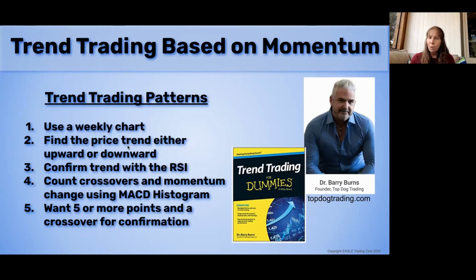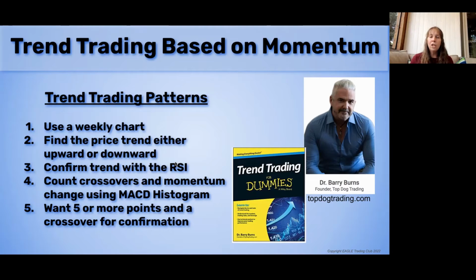Look for your price trend. Your price is either falling or coming back up. Use the RSI to mark where your highs and your lows are on that trend. And from there, you start counting the momentum changes and the crossovers from that 0 point by using the MACD histogram, which we've been looking at.